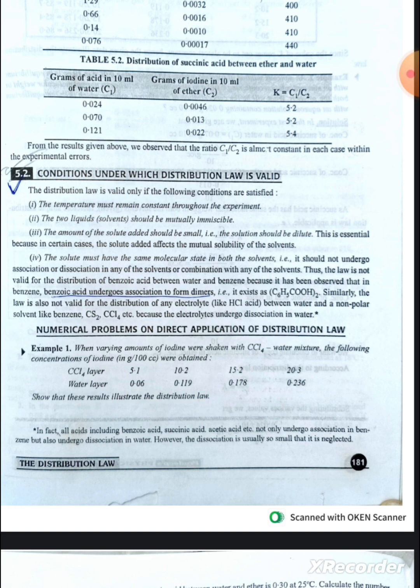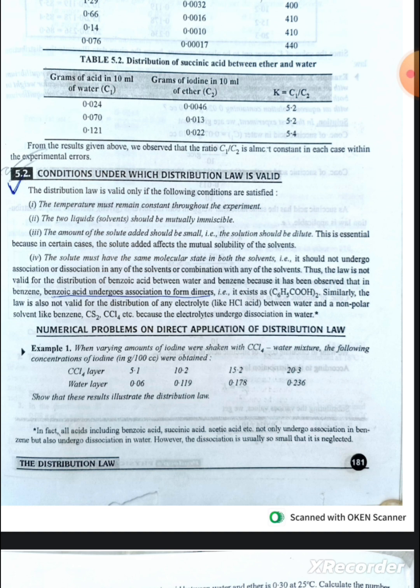Fourth, the solute must have the same molecular state in both the solvents, that is, it should not undergo association or dissociation in any of the solvents or combination with any of the solvents. Thus, the law is not valid for the distribution of benzoic acid between water and benzene because it has been observed that in benzene, benzoic acid undergoes association to form dimers.